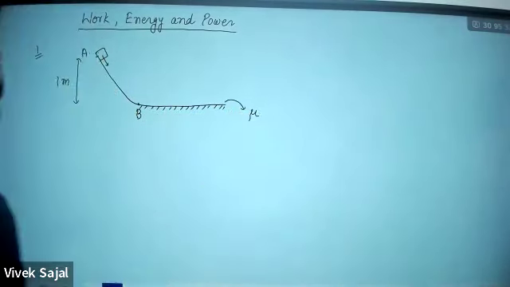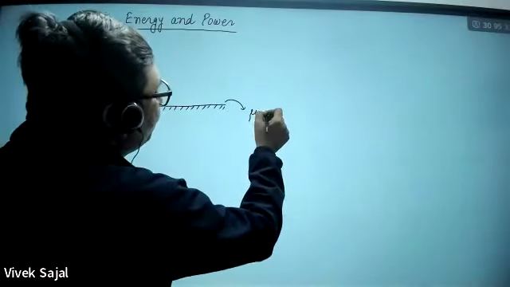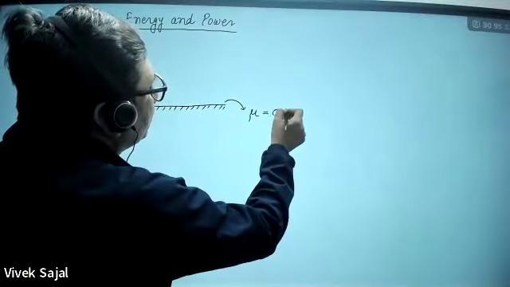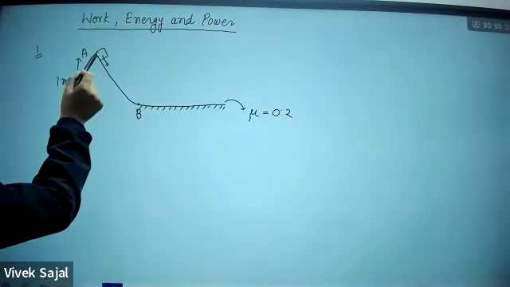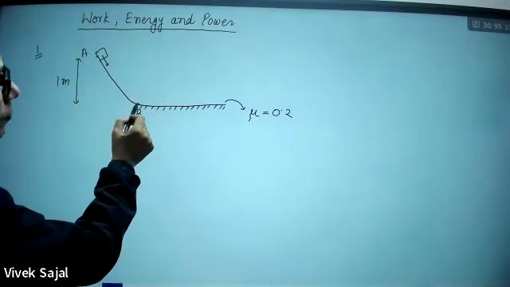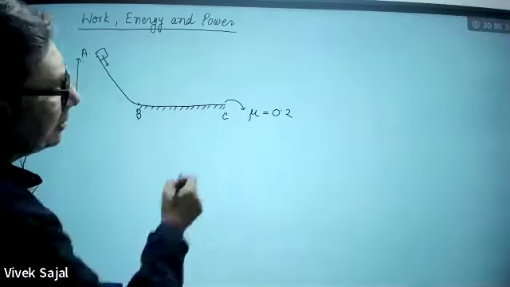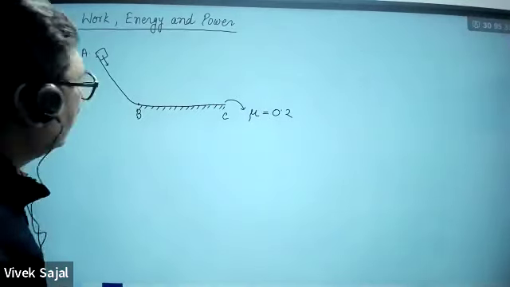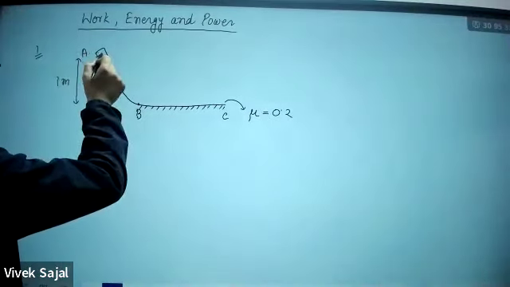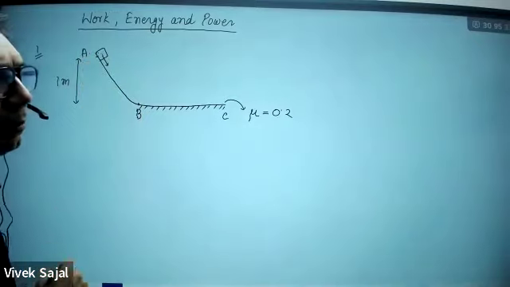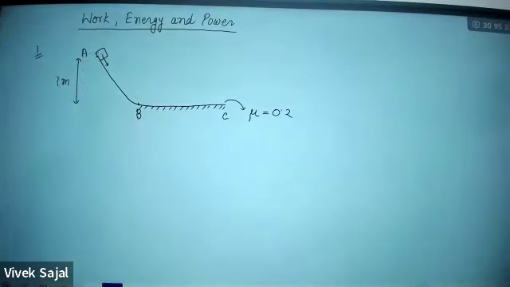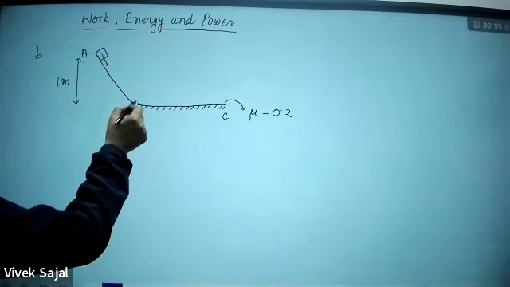So mu is 0.2 in this question. You have to find out how much distance this block is going to move on this rough surface. So try to understand, when this block moves from A to B, what will be the kinetic energy of this block at point B?